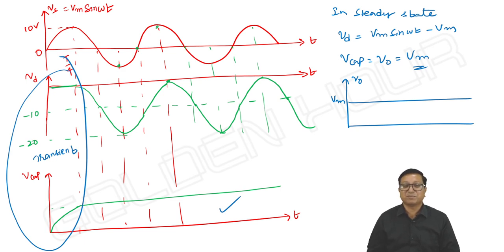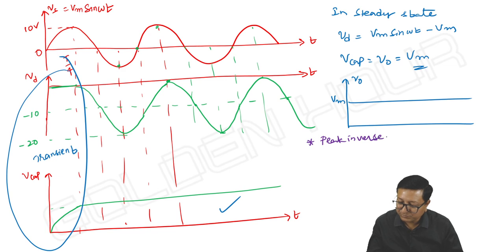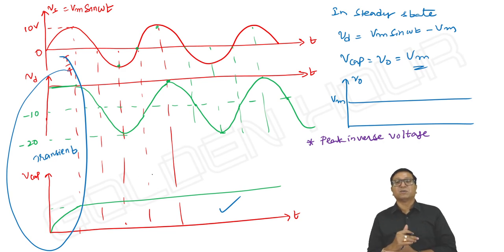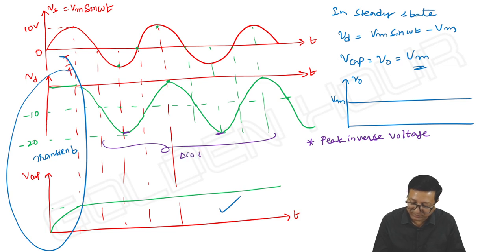And here there is some issue, that is the peak inverse voltage. Okay. In this case, what is PIV? Important point to be noted. The peak inverse voltage, PIV, is the peak value of the voltage across the diode under reverse bias condition. This is the peak value. Here, during this portion, completely the diode is off.